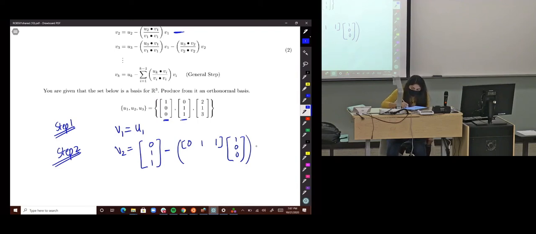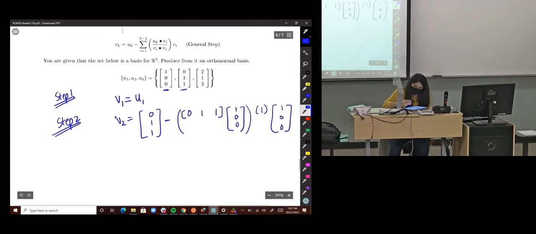For our case that is 1 squared plus 0 squared plus 0 squared, which becomes 1. So times 1 times v1, which is 1, 0, 0.